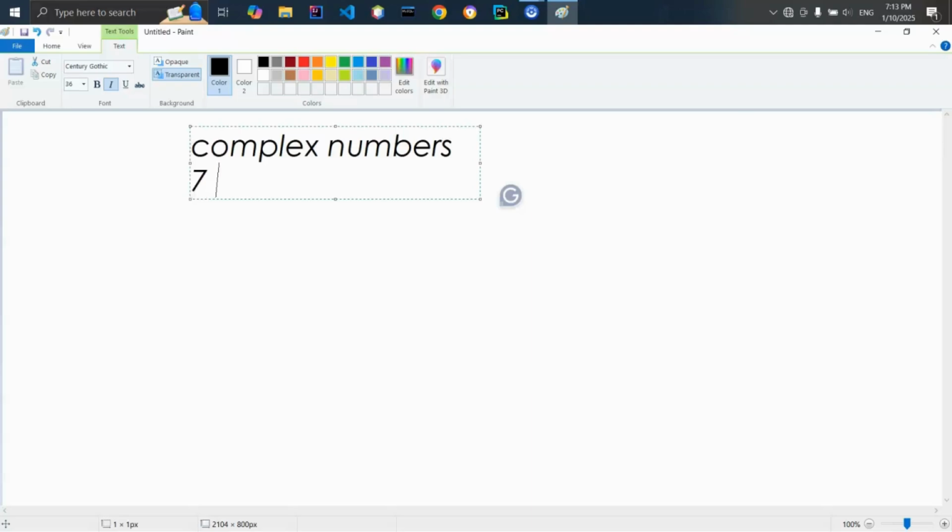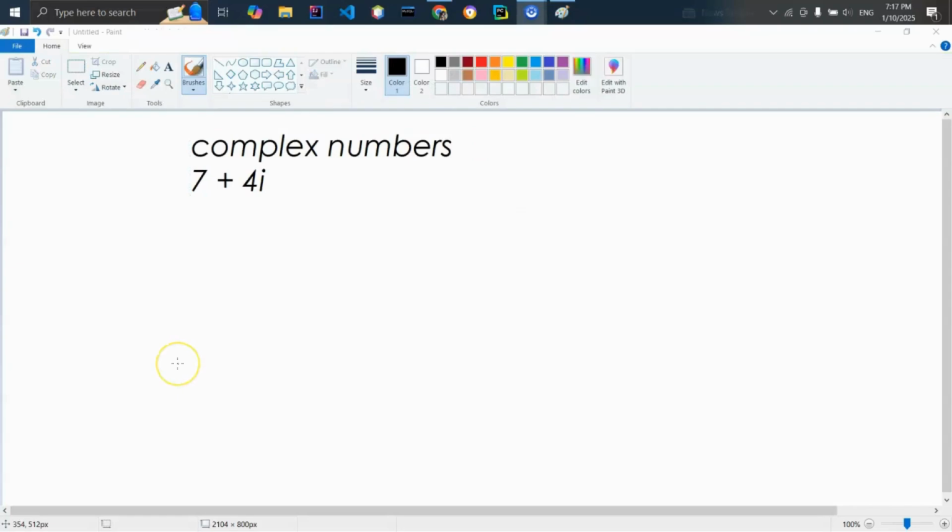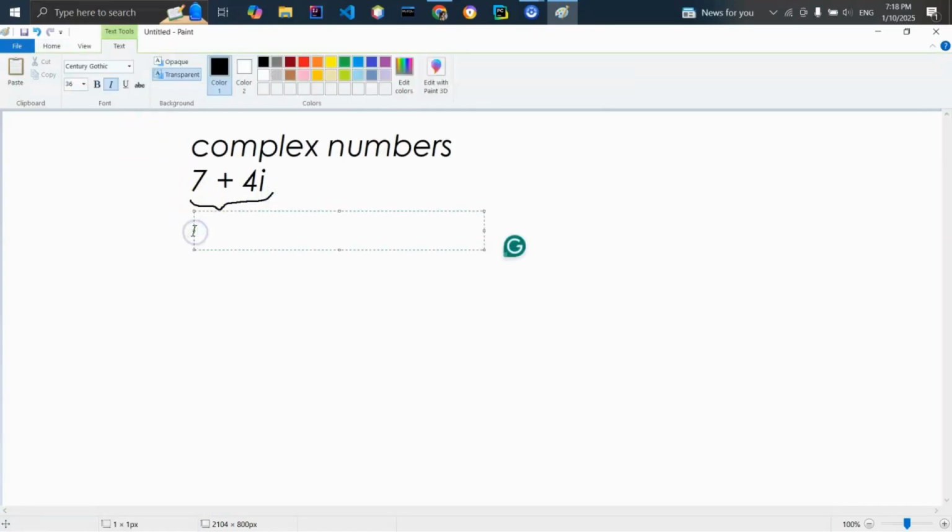This is the real part and this is the imaginary part. When taken together, both of these are called a complex number.